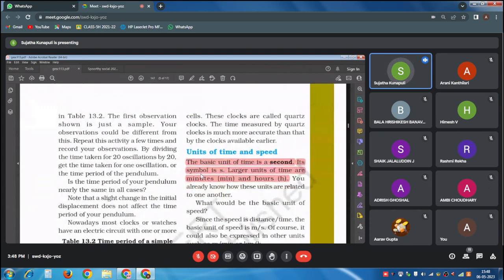So to find out the time period of the pendulum, what you have to do is divide the time taken for 20 oscillations by 20, and we will get the time taken for one oscillation. That is called the time period of the pendulum. Understood?